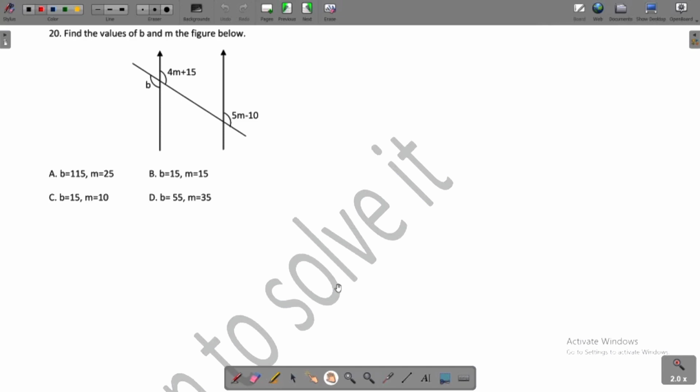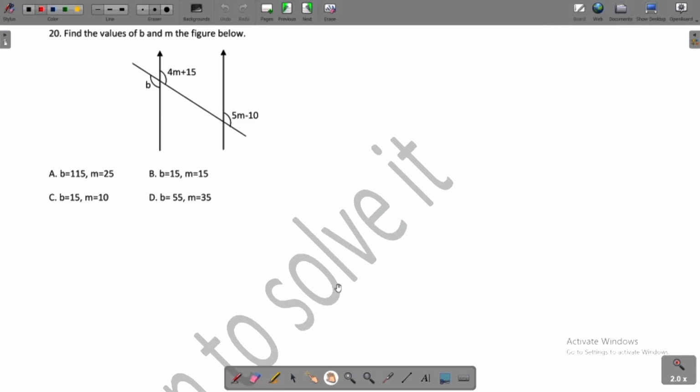We're talking of angles. That is, we're talking of alternate angles, and complementary angles and so. So we're looking at this.